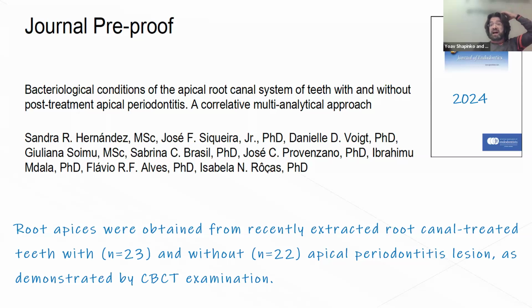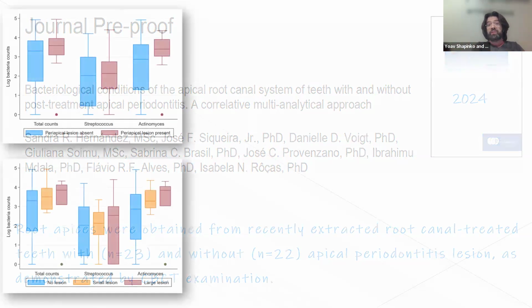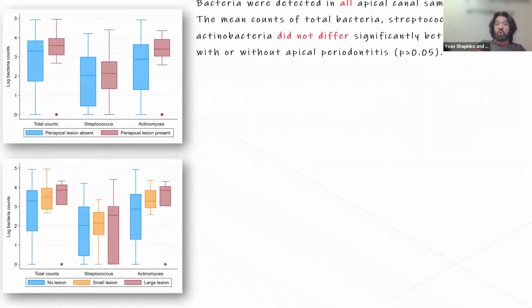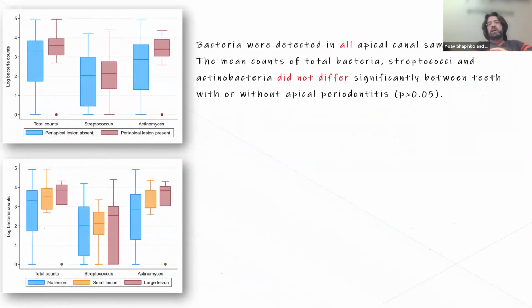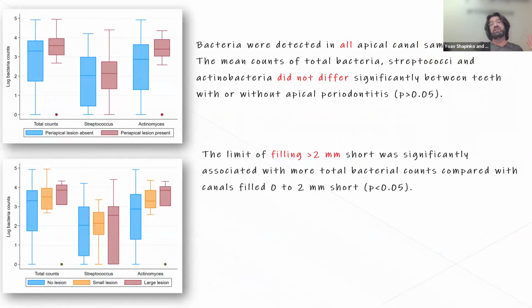In this article, what they did was take the apical 5 millimeters of endodontically treated teeth with apical lesion and without apical lesion. And what they found was amazing. First of all, in the apical 5 millimeters of all teeth, with or without apical periodontitis, they found microorganisms.